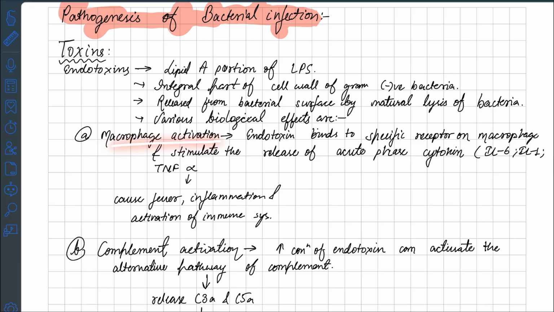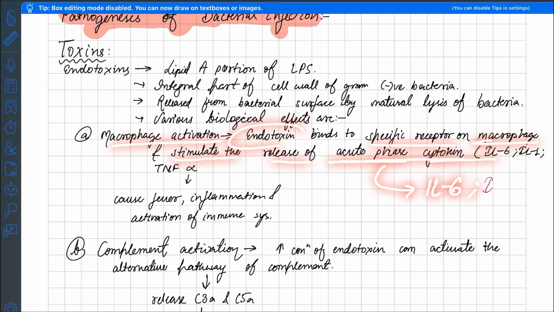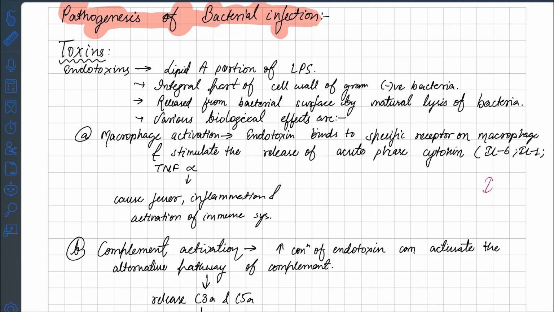Macrophage activation. The endotoxin binds to specific receptors which are present on macrophage, and they stimulate the release of acute phase cytokines. These acute phase cytokines include interleukin 6, interleukin 1, TNF alpha.